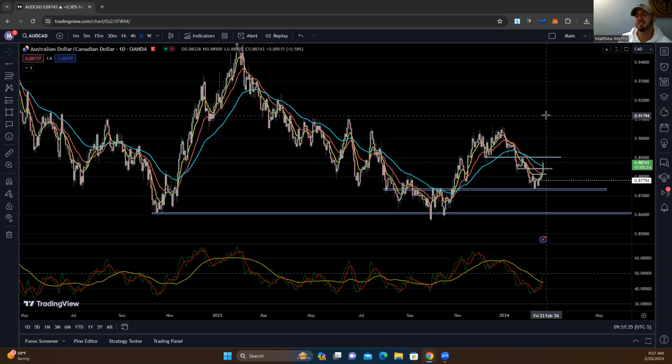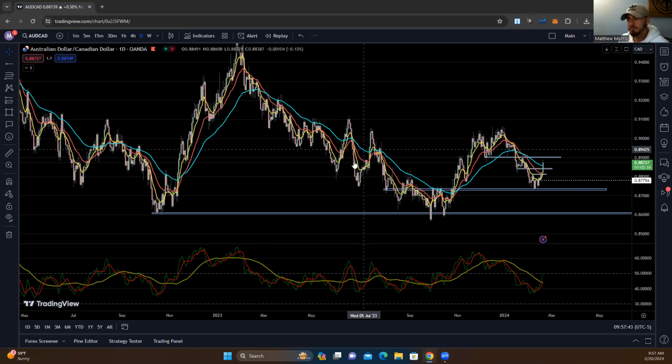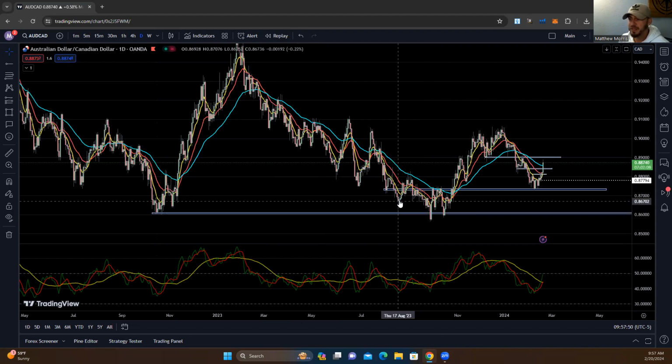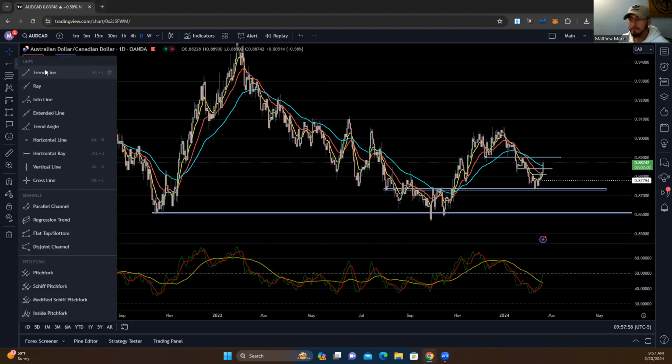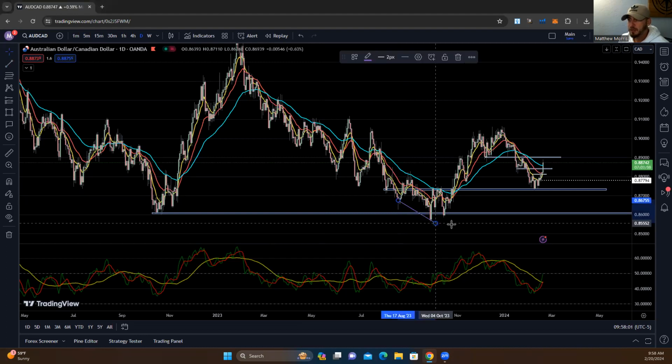But just want to take you guys into Audcad here, and we're starting with the daily, as usual. There, coming down, bearish movement down here till we get to where we saw it reverse last time. So we got the zone drawn out, and then you have the daily divergence, which if we draw that out, there it is.